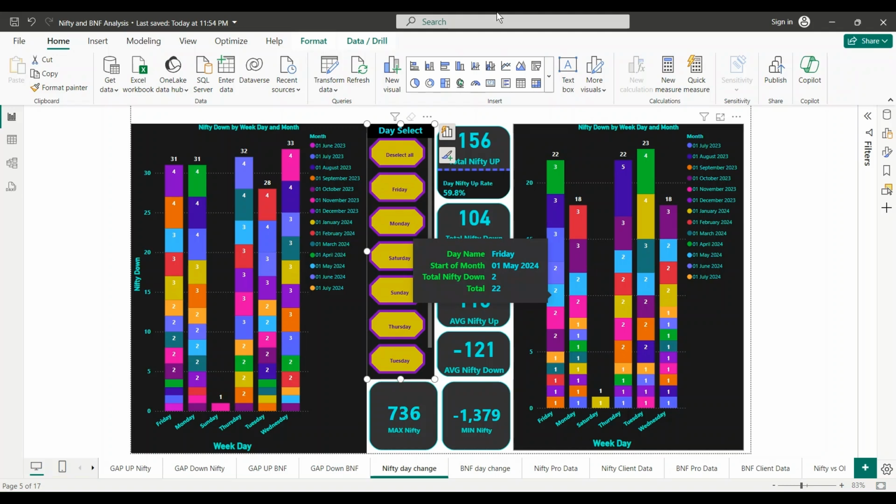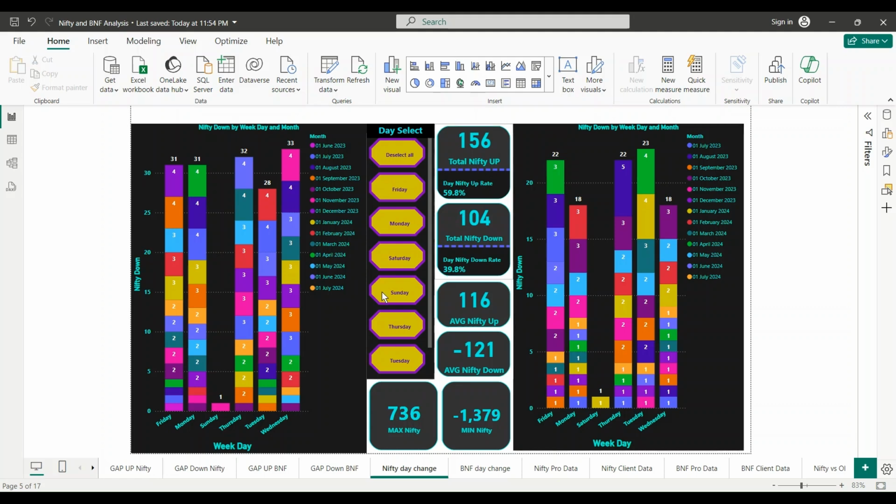So basically, the report here shows that out of the last 1 year, 156 times Nifty was positive and 104 times Nifty was negative. So Nifty is more positive than negative. Obviously, India is a growing market. We are in an uptrend. Even if you look at the chart, it shows an uptrending Nifty and Bank Nifty with the price action, right?